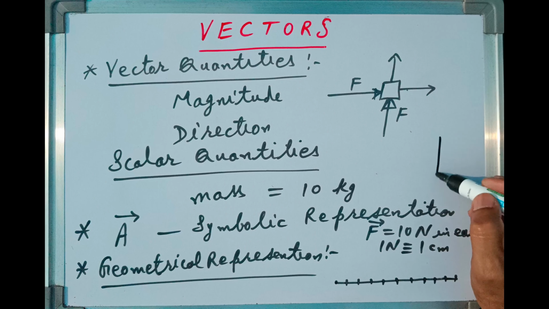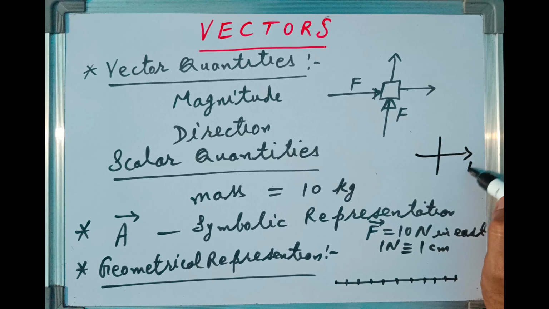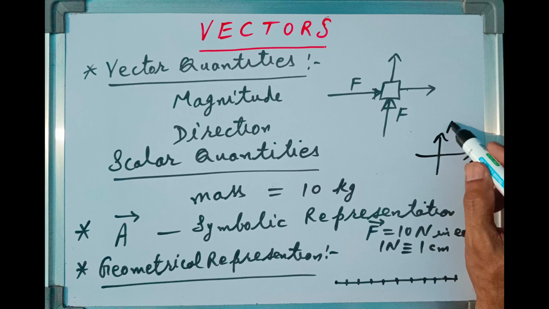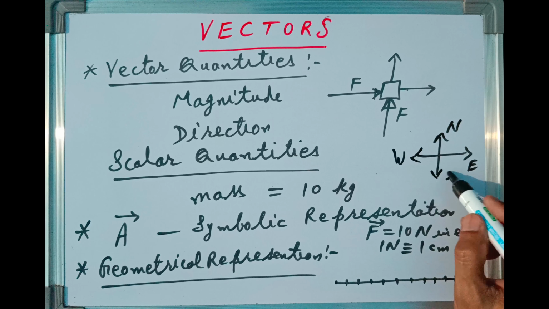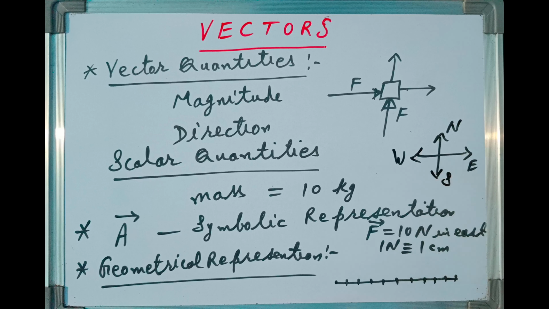We know 4 directions are there. This is called east direction, this is called north direction, this is west direction, and this is south direction. According to this, the direction of force is towards this side, so I can put an arrow on this side. So this arrow of length 10 centimeters represents a force of 10 Newton in east direction.